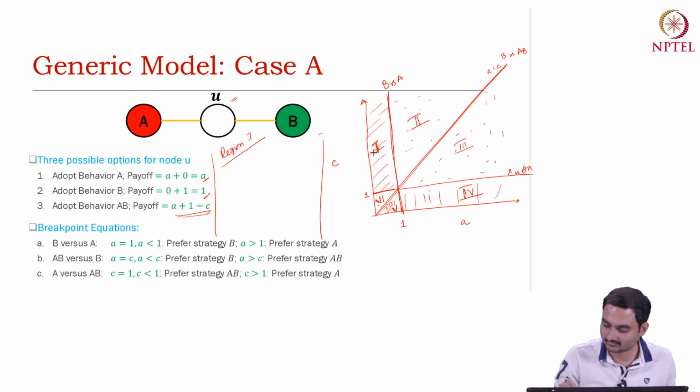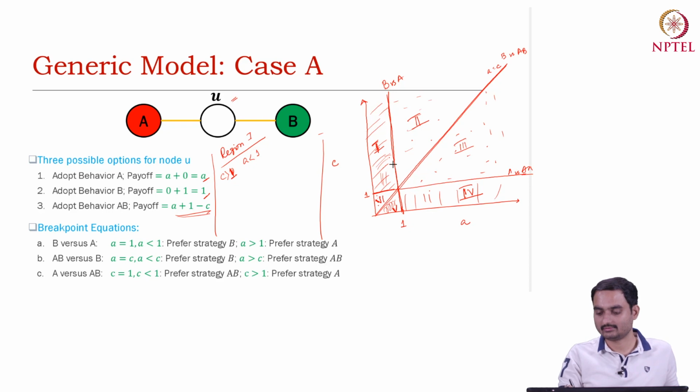Region 1 is this part, which is C greater than 1 and A less than 1. Okay, this part.